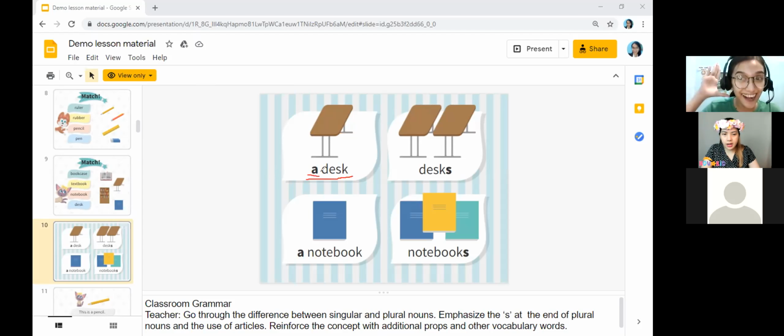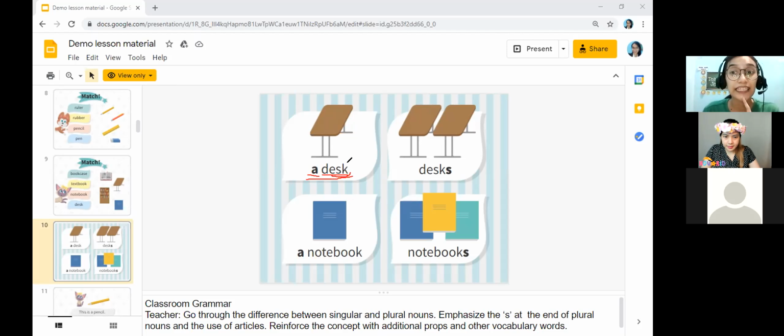A desk. A desk. Desk. Desk. Desk. More. Desk. Desk.